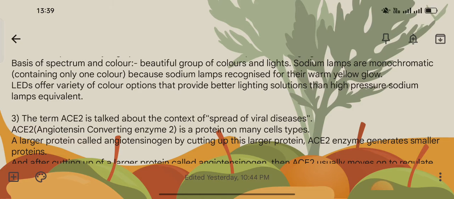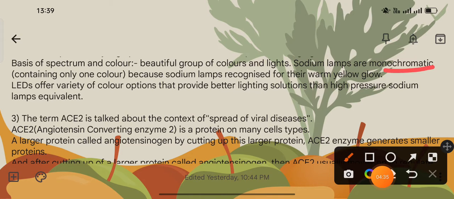Basis of spectrum and color. Spectrum means a beautiful group of colors and lights. Based on spectrum and color, what is the difference between sodium lamps and LED lamps? Sodium lamps are monochromatic in nature.